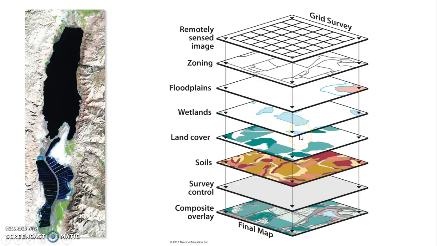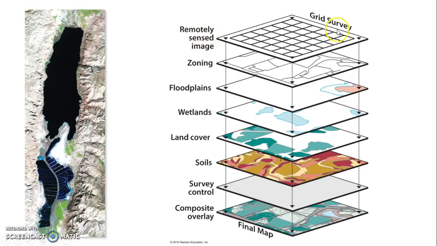GIS, Geographic Information Systems, refers to, well, it's both computer mapping, but it goes beyond that. It's computer analysis. So using spatial data, so information about a place that can be mapped out, to conduct analysis. So here you're looking at different layers.